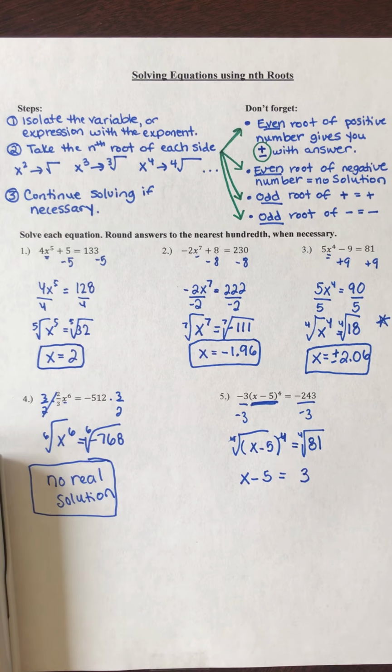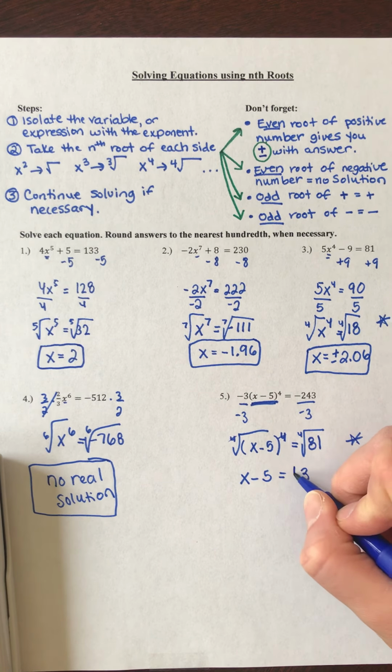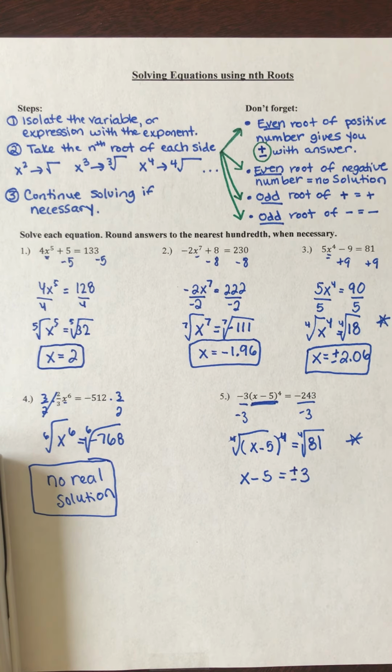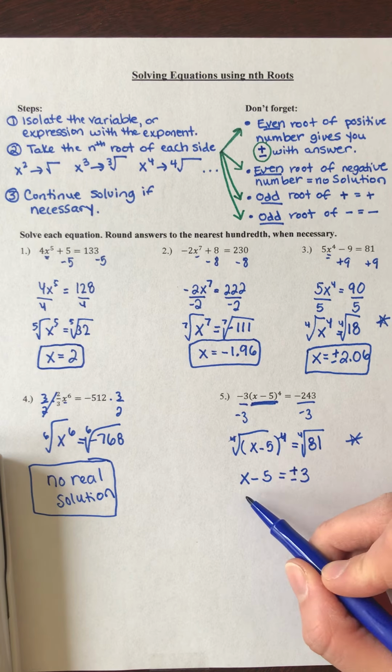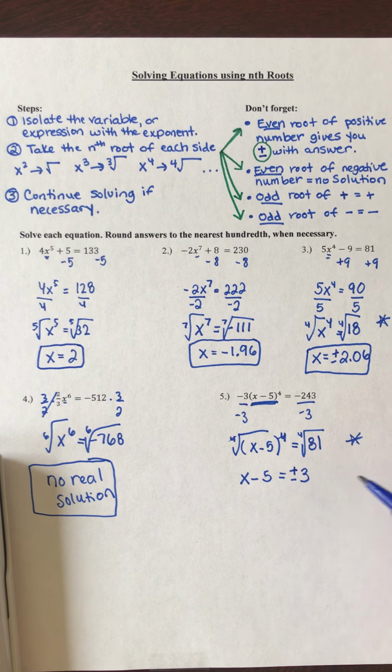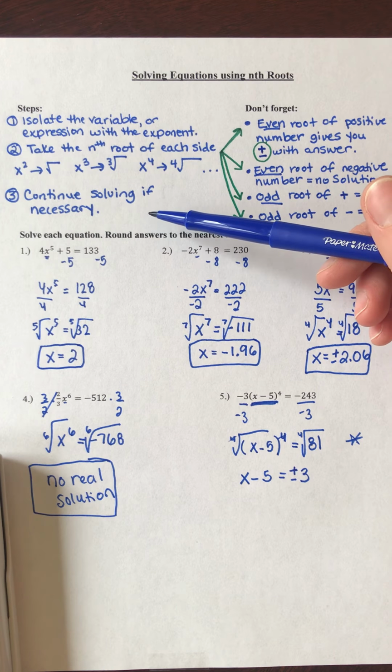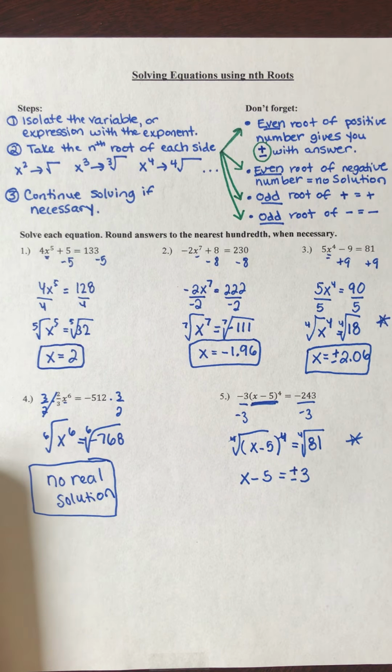Now, here's something you have to be careful about. Just like the problem above, I took an even root of a positive number. So this side, I don't just get out 3, I get out 3 and negative 3. All right, so what I have is x minus 5 equals plus or minus 3. This really isn't solved for x yet. So this is where I'm going to use step 3 here, where I'm going to continue solving if necessary.